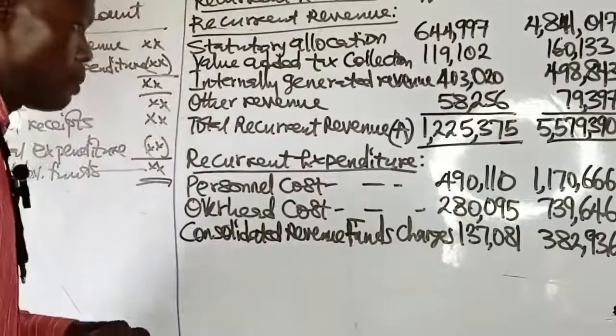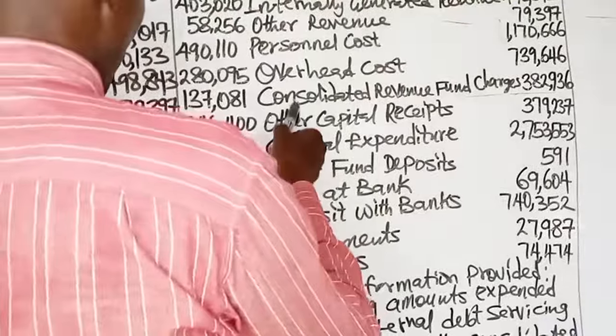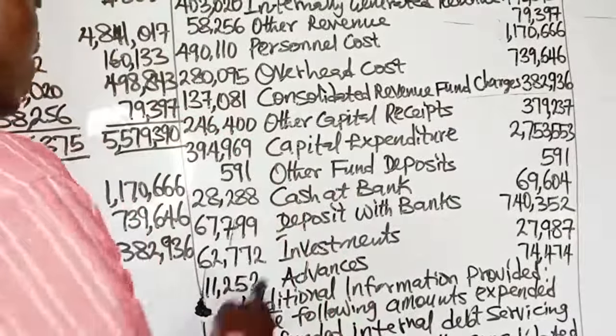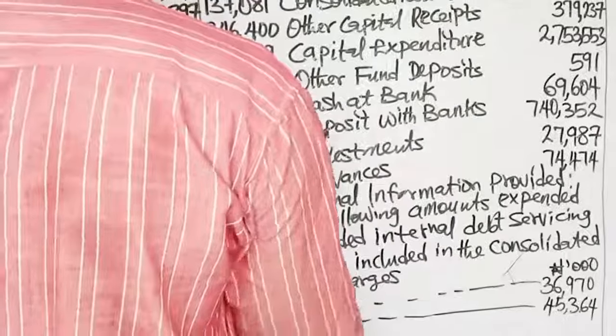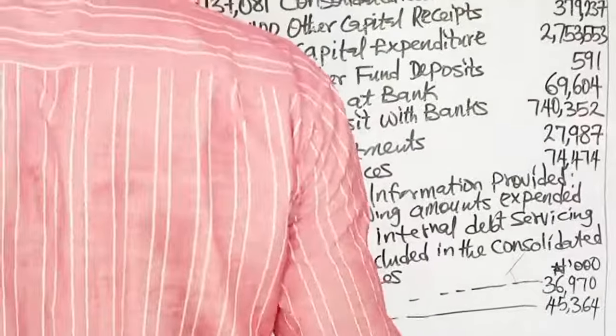Back to the question. We have other capital receipts. This is not a recurrent expenditure. Capital expenditure is not recurrent expenditure. If you go through the question, other items are all about assets and liabilities. That means we are done with the recurrent expenditure.